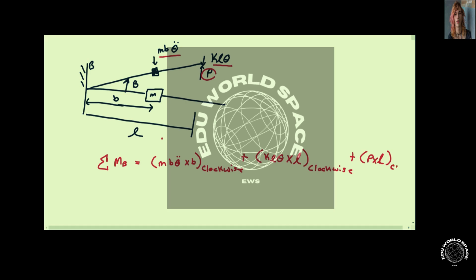And we're just going to put CW, clockwise. Okay. So if we do the cross product for each one, we get m b squared theta double dot plus k l squared theta minus pl. Okay.